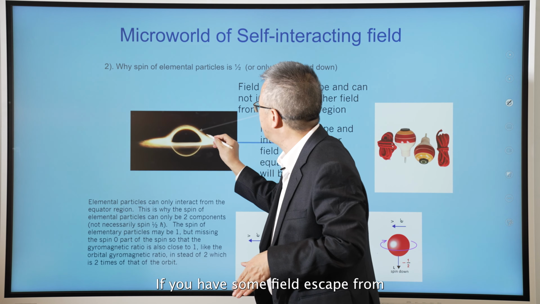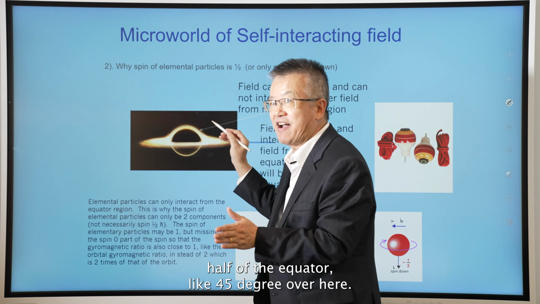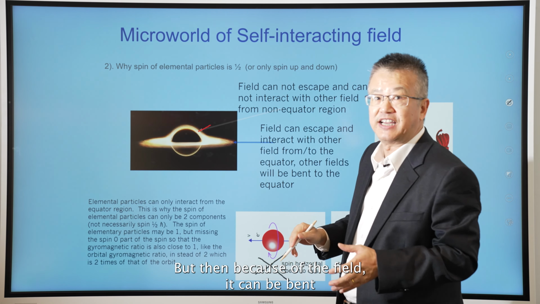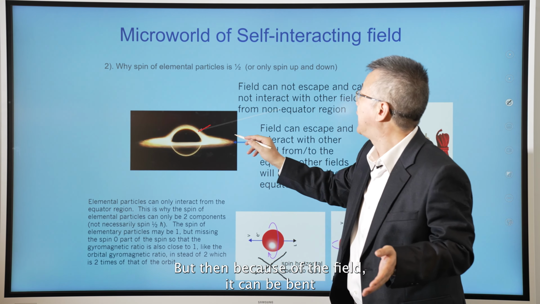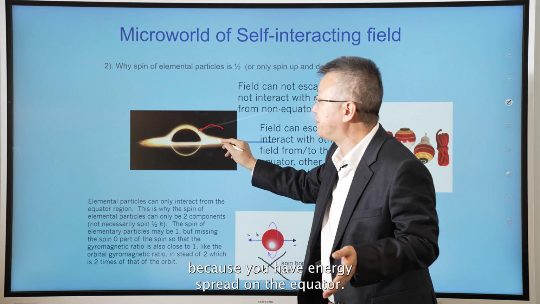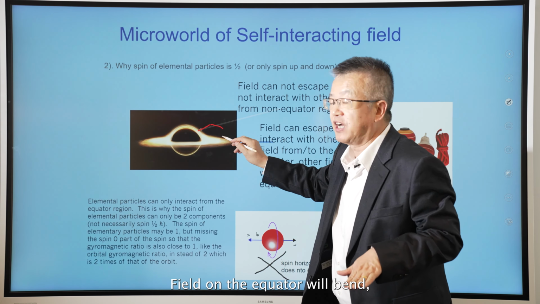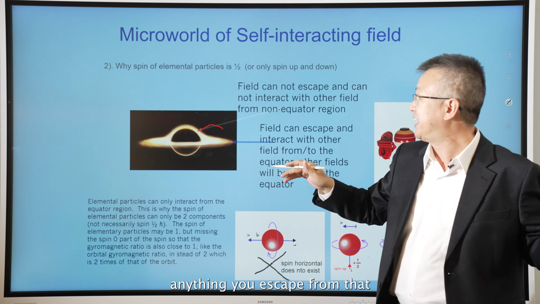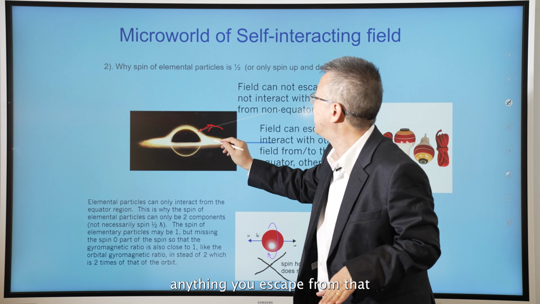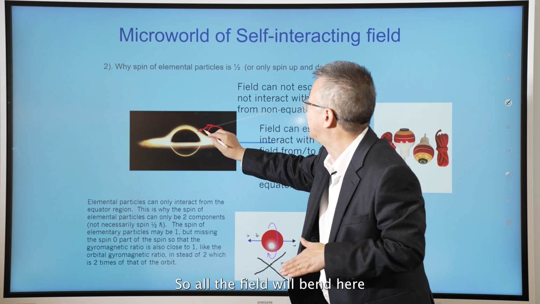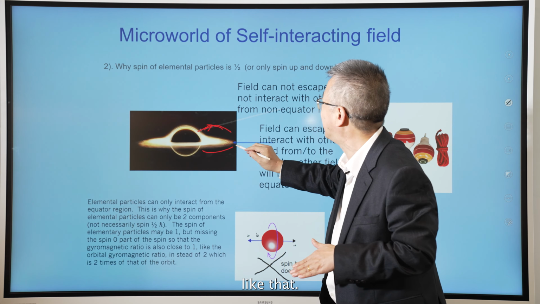If some field escapes from part of the equator, like 45 degrees over here, because you have energy being spread on the equator, the field can be bent. The field on the equator will bend anything that escapes a little higher than the equator, so all the field will be bent here, like that.